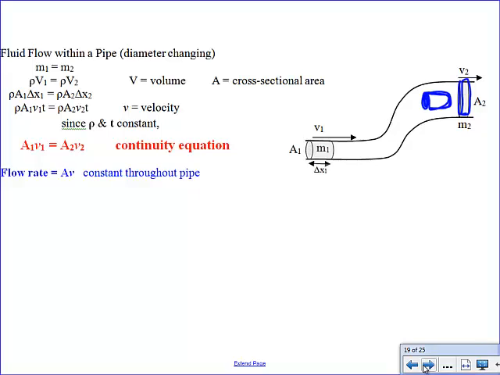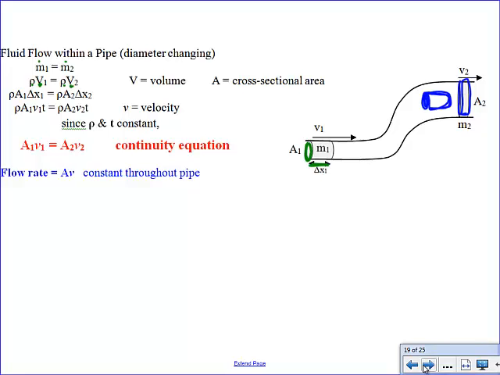So what does that mean? Mass is constant. Mass is density times volume. The density does not change. The density of the fluid remains constant. Now, the volumes that I have written here are equal to cross-sectional area times the length of the cylinder.